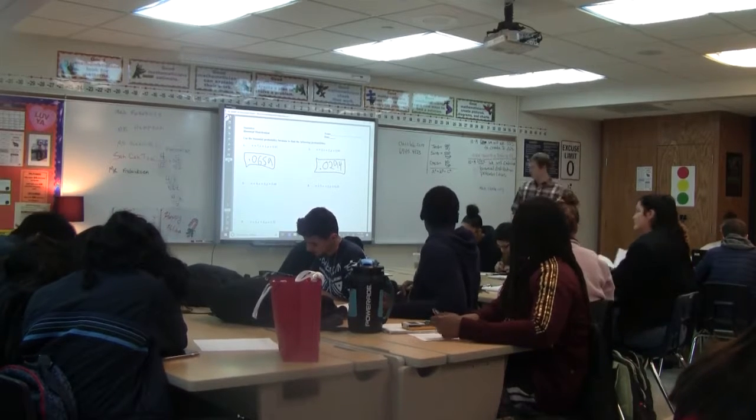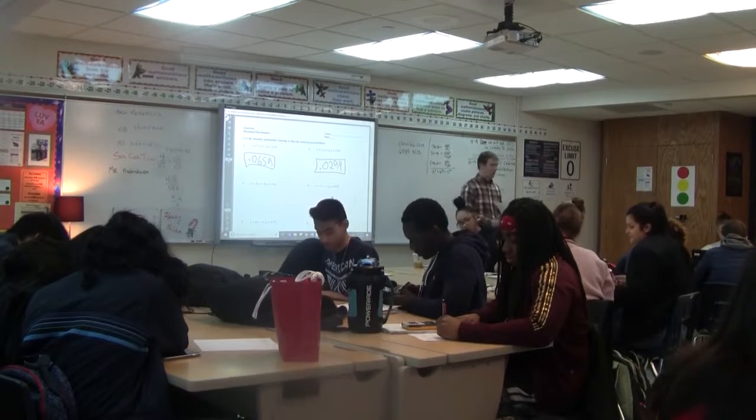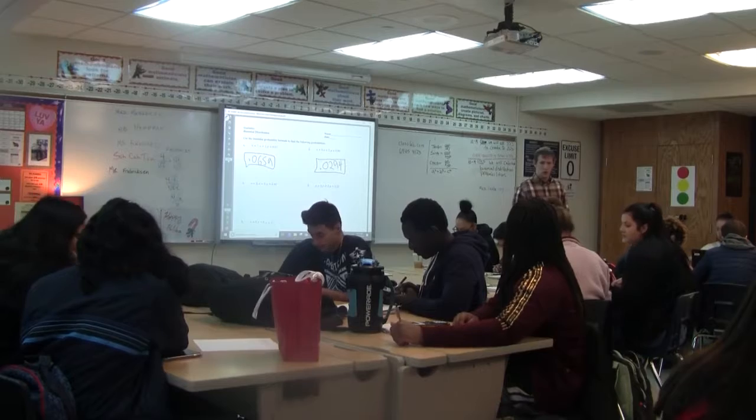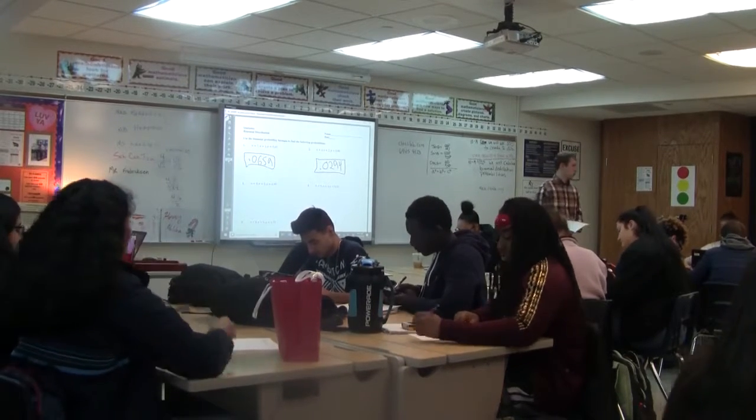I'll put it up in a second. I have in some of the categories. You have 107. What is the rounded? And then in the homework category. How did you do the bonus problem?